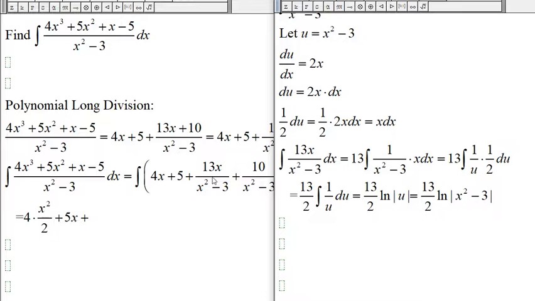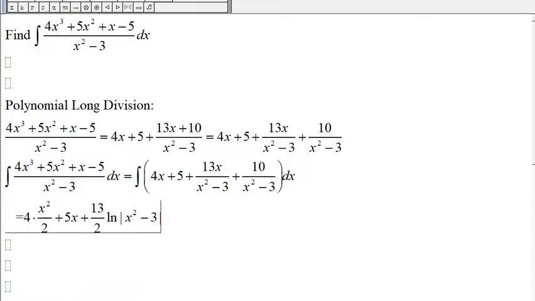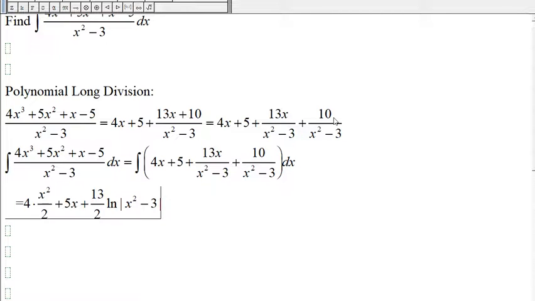And so the integral for the 13x divided by (x^2 - 3) is this. And then we need the integral for 10 divided by (x^2 - 3).